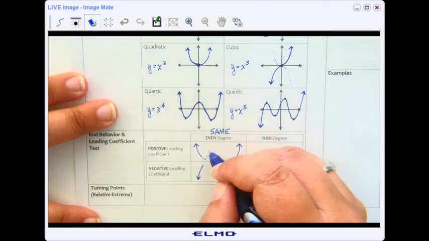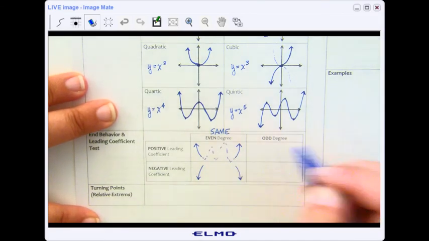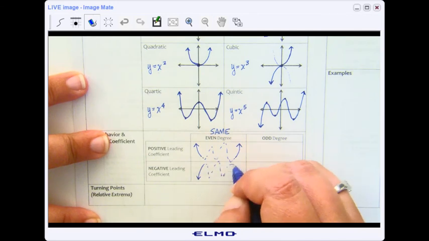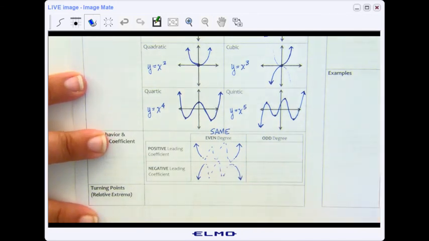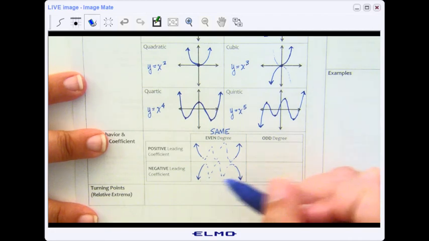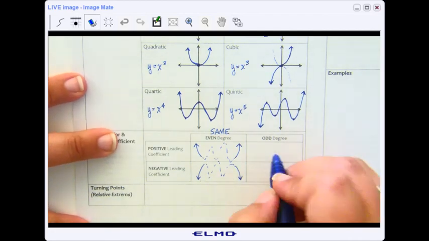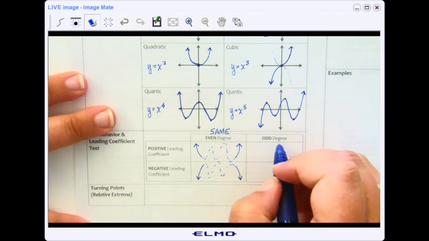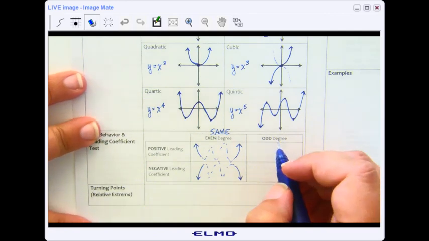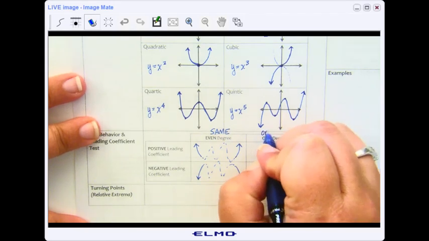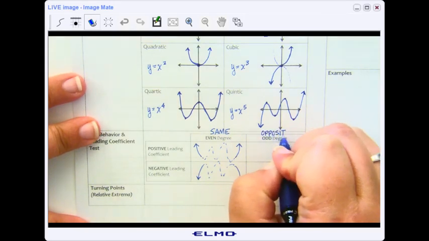What happens in between will vary. And it doesn't matter what happens in between. What you're concerned with is the end behavior of that graph. If it's an odd degree function, so 3, 5, 7, then the ends of your graph are going to go in opposite directions.